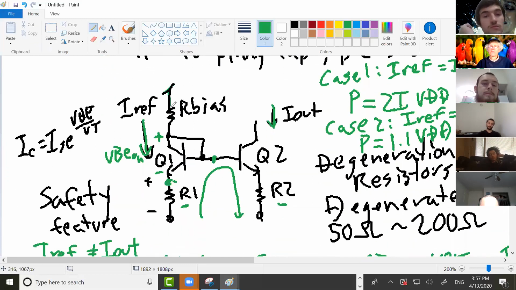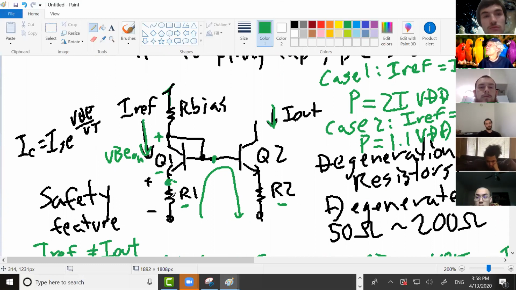If you come down here and want to keep the same current because your amplifier was working great, you still have the same voltage drop across the transistor, which means the voltage drop across R bias plus R1 has to still be your 9.3 volts.